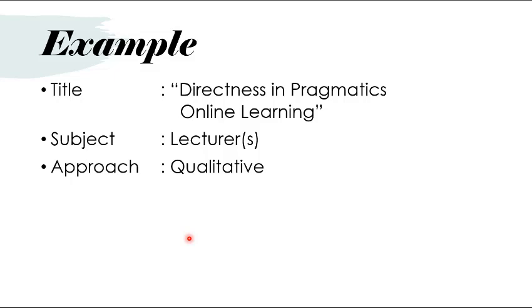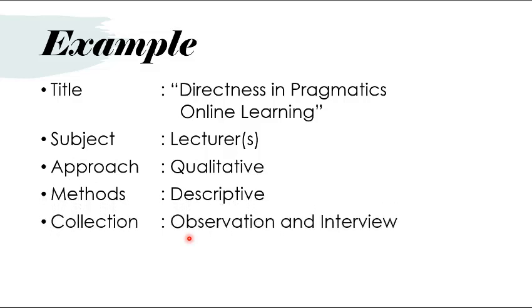And then we have this one, qualitative. And then method, of course, we are using descriptive. And then collection, we are having observation and interview. Jadi kita melakukan observasi, kemudian yang kedua adalah by doing the interview kepada si dosen atau kepada mahasiswa. Kalau misalnya kepada mahasiswa, kita bisa menambahkan questionnaire kalau banyak misalnya, so we can use that one.